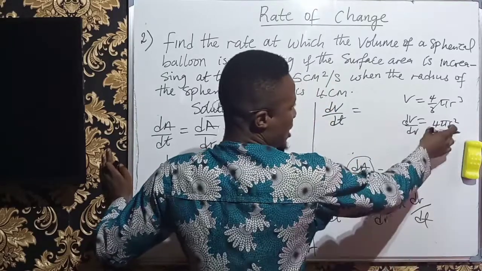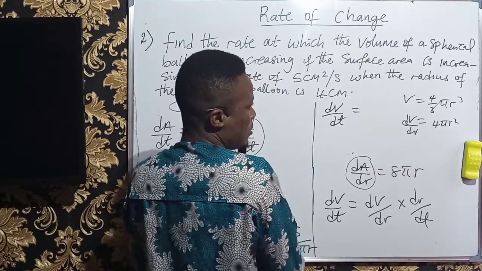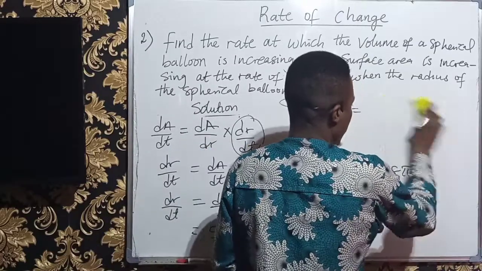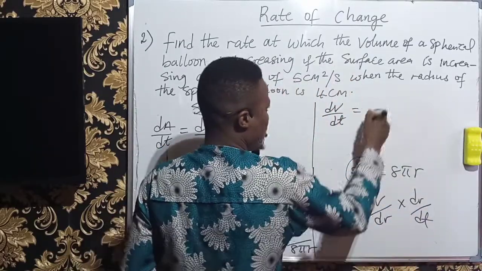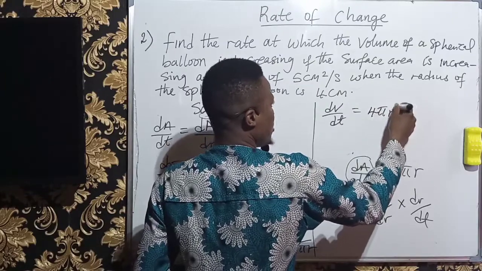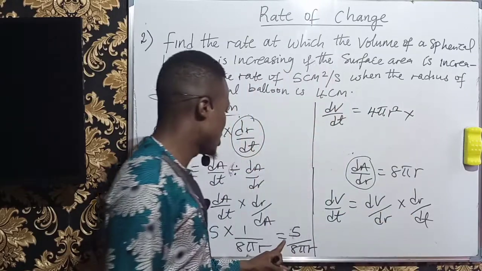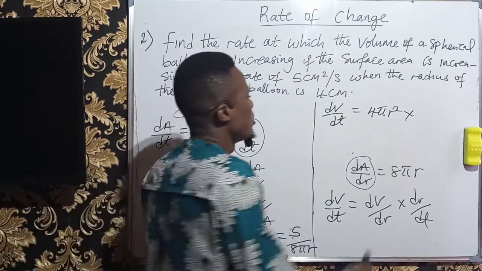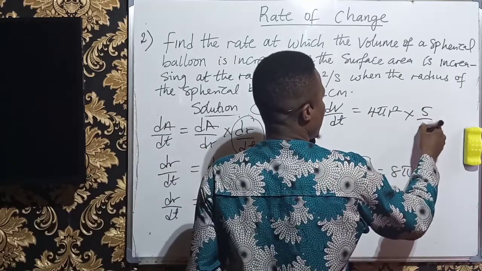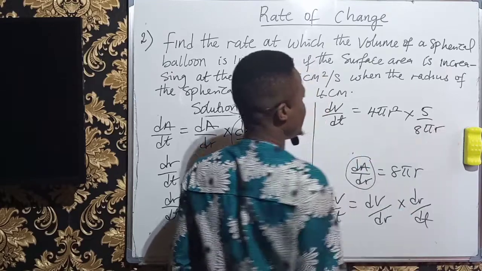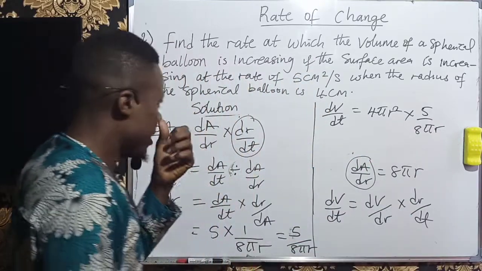That is our dV dr, though I've wiped it off. So I'll write 4 pi r squared times dr dt. My dr dt is 5 over 8 pi r.